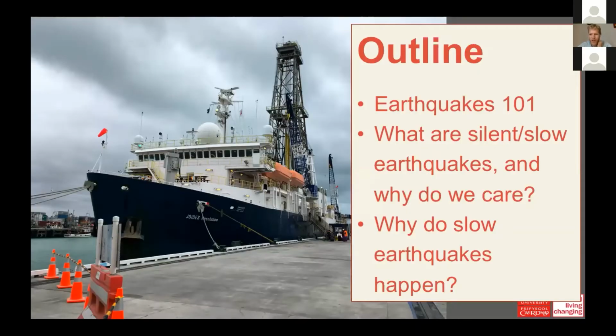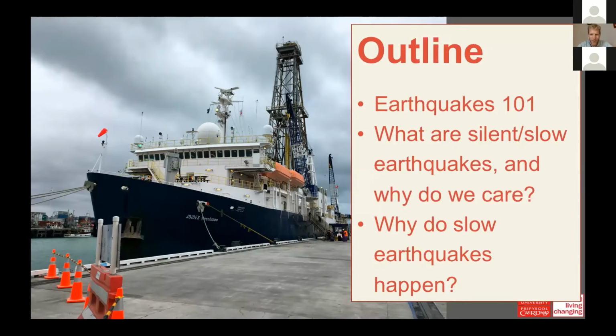But to give you a bit of an outline, although I'm going to focus on this new class of earthquakes referred to as silent earthquakes or slow slip or slow earthquakes, I want to talk a little bit about earthquakes in general first, just to give you a bit of background. Also, since I'm sitting here talking to a computer screen, I'm not really knowing my audience, so I'll just make sure we have the background.